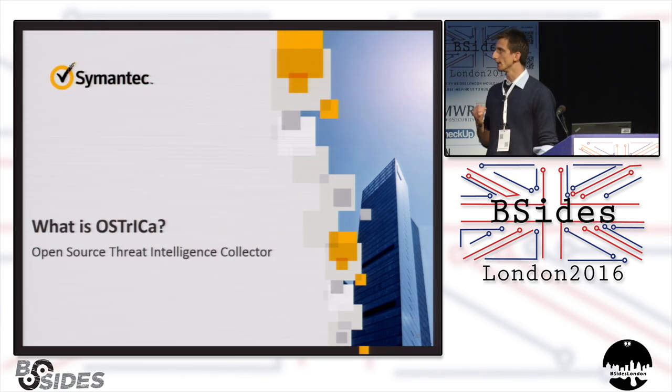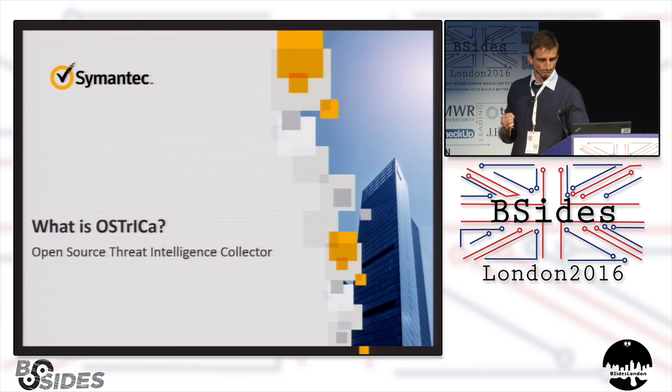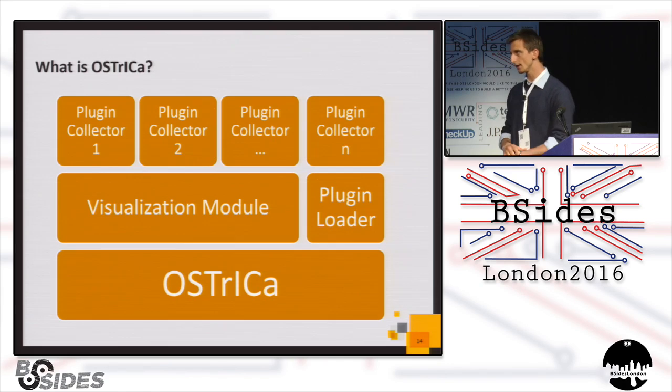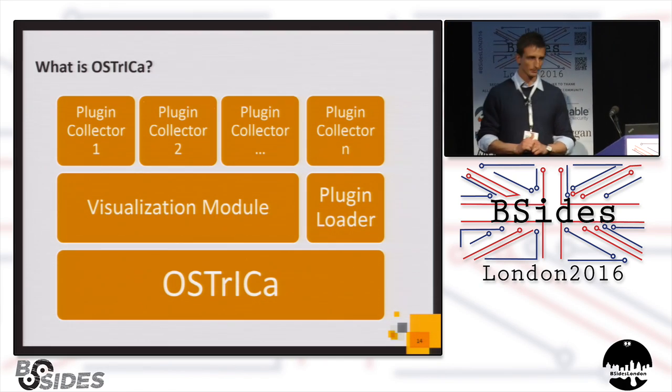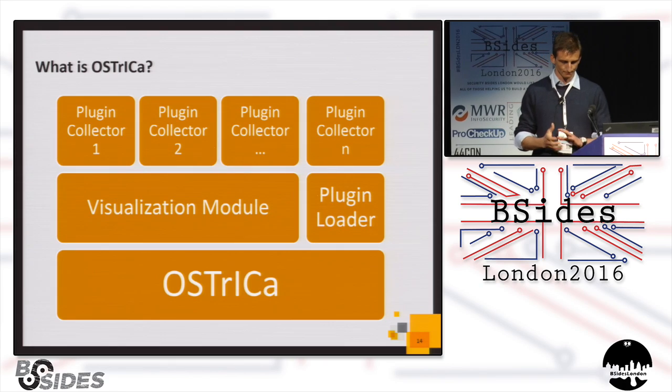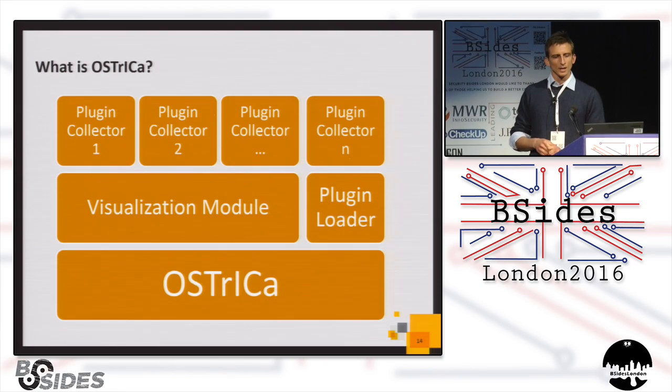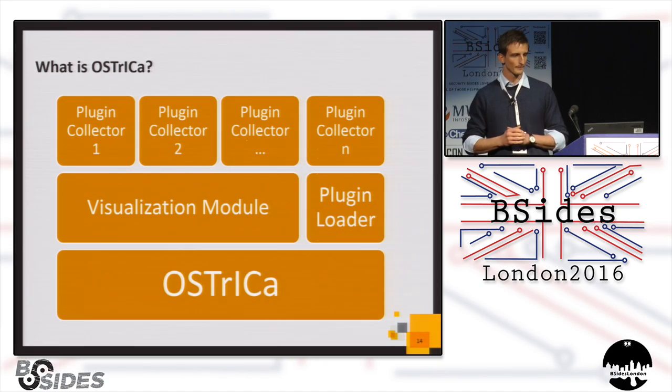So what is OSTrICa? OSTrICa is a plugin-based system where you have a plugin loader which loads every single plugin that you have. You can create any plugin you want.